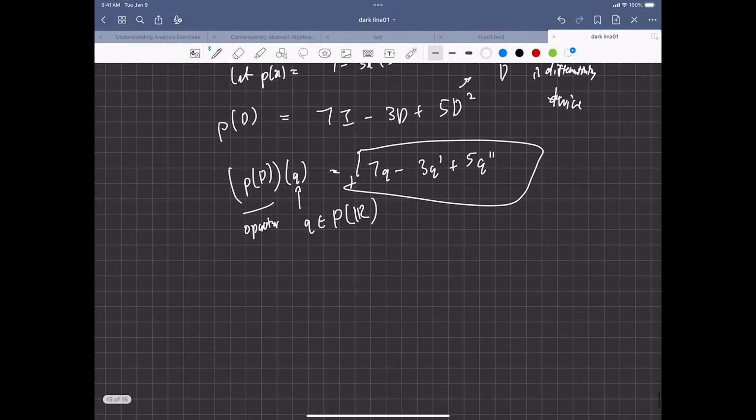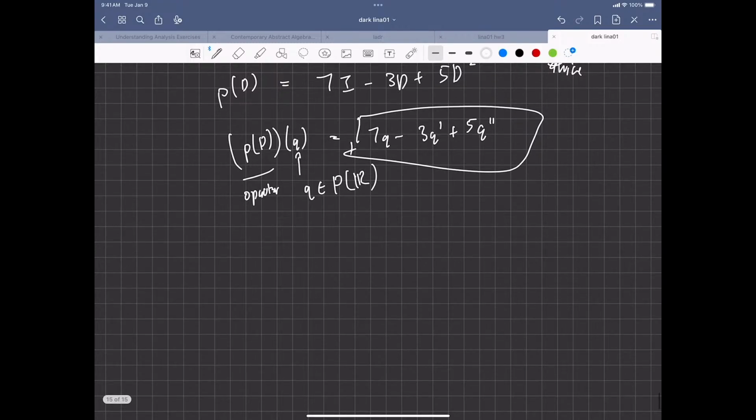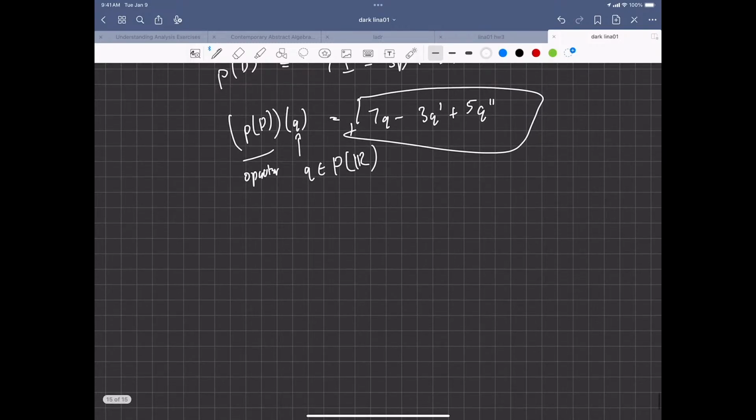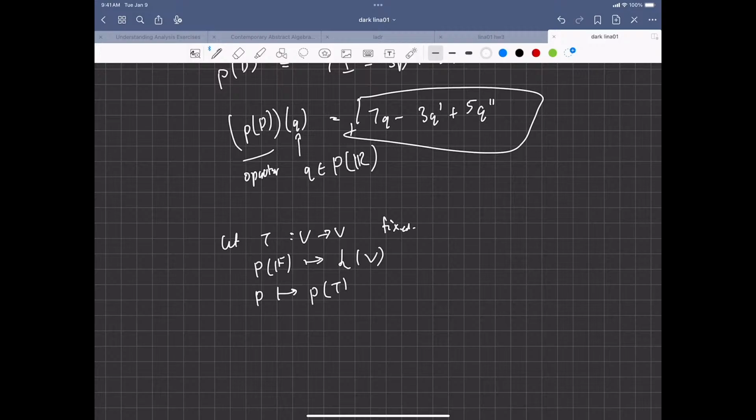An interesting thing to note, and why did we define all this polynomial stuff? It seems not very useful. Well, it turns out that if we let T again be a fixed operator, then we define a function that takes a polynomial, from the space of polynomials to the space of all linear maps on V. The function defined by P going to P of T is itself a linear map.